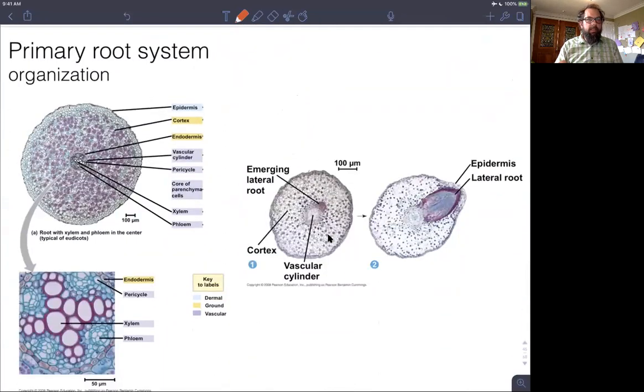And so, just looking at this a little bit closer, we can see the pericycle.